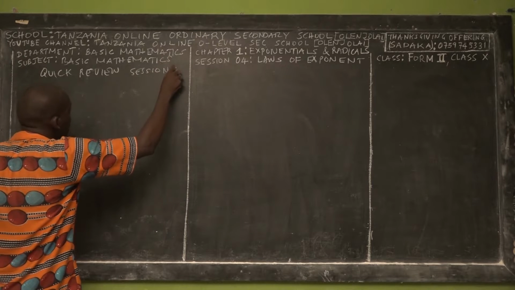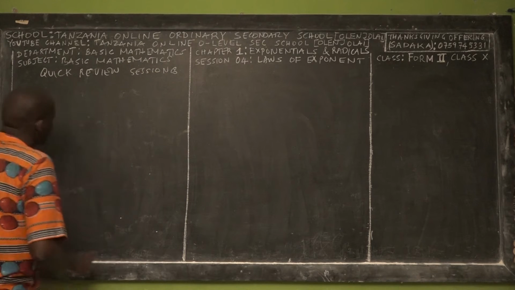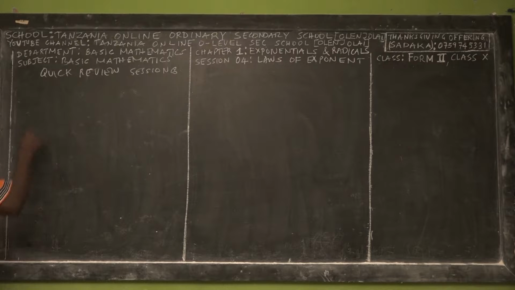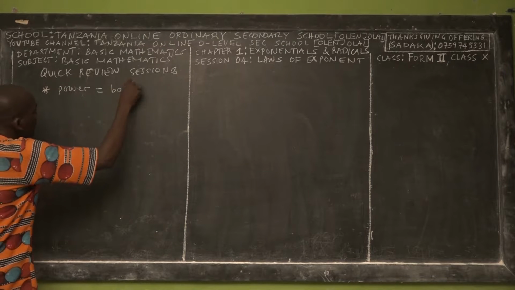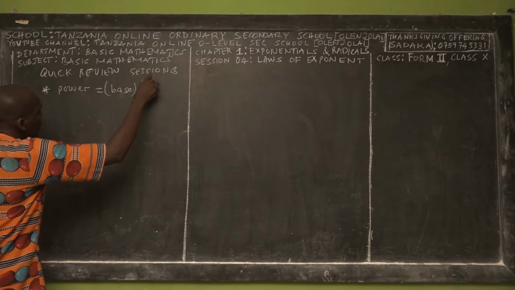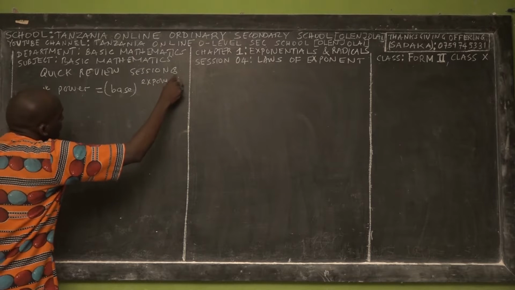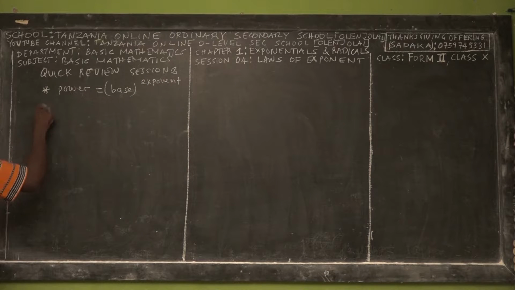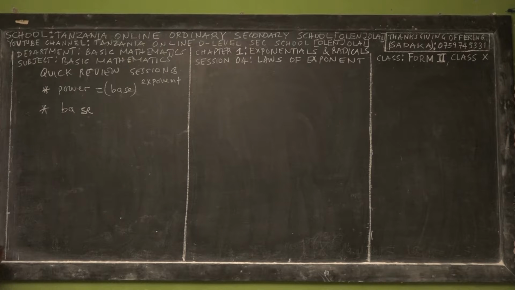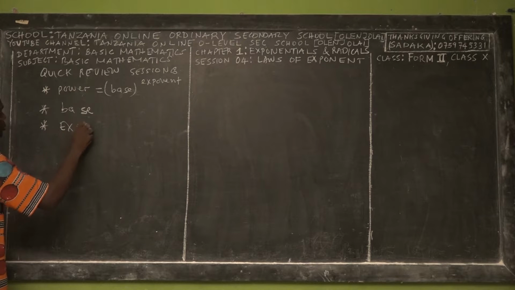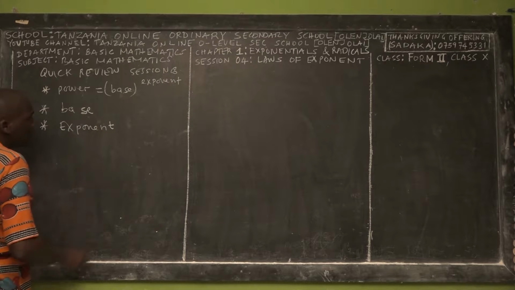In Session 3, we covered some key points. The first key point is power. A power has a base, which is raised with an exponent. We taught you how to identify the base when given a certain exponent, and how to find the exponent.